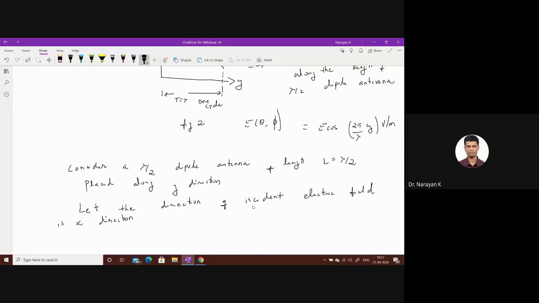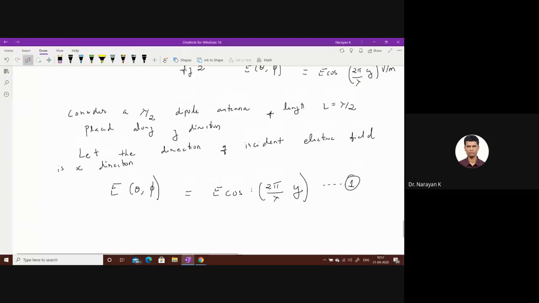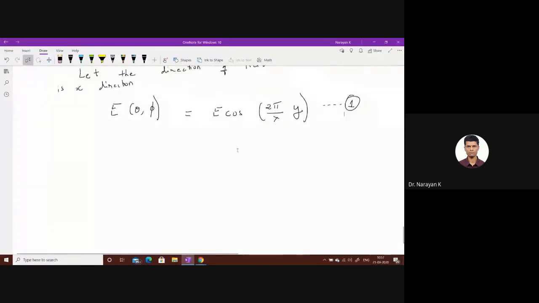Okay. It can be shown that the electric field variation E theta comma phi is equal to E cos 2 pi by lambda into y, because the electric field is in y direction. Call this as equation 1. Why is this y? Because I am taking the electric field in the y direction. Is it clear?